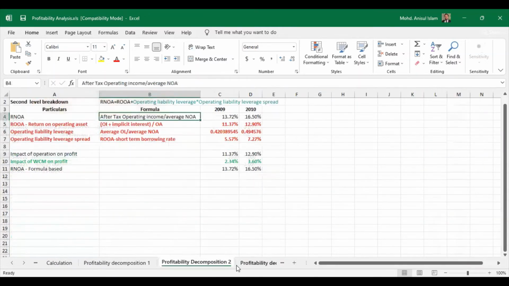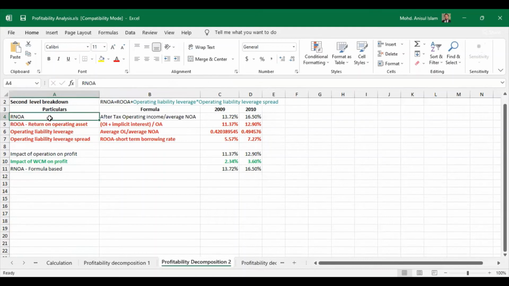Okay, so note that it is after tax operating income. And you can also recall the tax allocation we made before making this adjustment. And you know clearly how we can determine the net operating asset, because we need the net operating asset as the denominator for measuring the return on net operating asset.